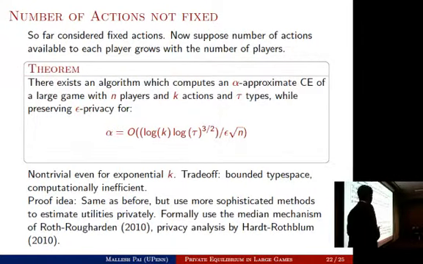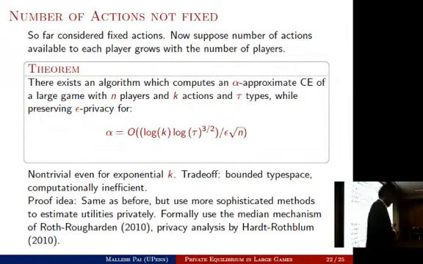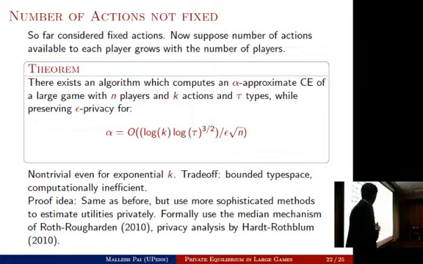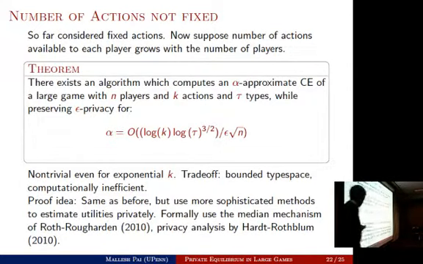So all we can guarantee is that there is some algorithm that is still going to retain all the flavor of the results that we wanted, which is approximate privacy, approximate incentives, approximate correlated equilibria. It's going to follow the same structure of the proof. It's just going to add noise more carefully than just IID draws according to some distribution. Okay?